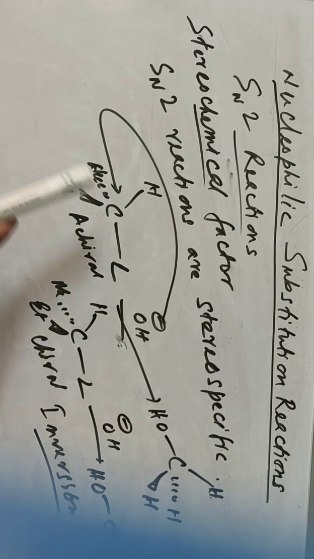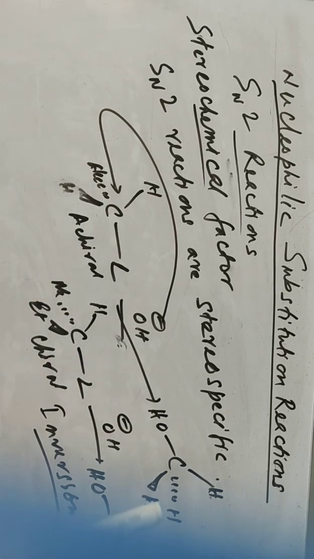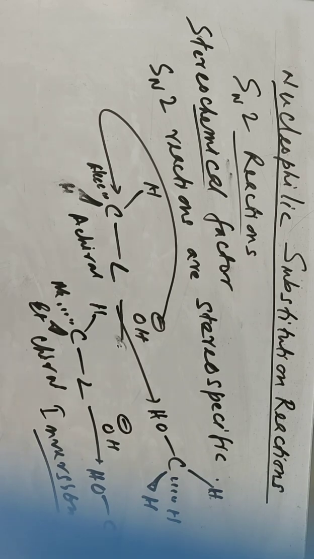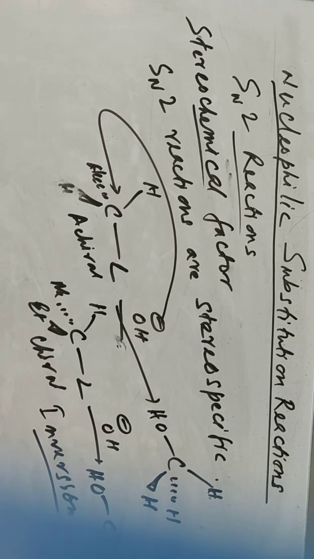Suppose this is R configuration, then the product will be S configuration. Or suppose it is S configuration, then the product will be R configuration. So only one product is formed, with inversion of configuration.